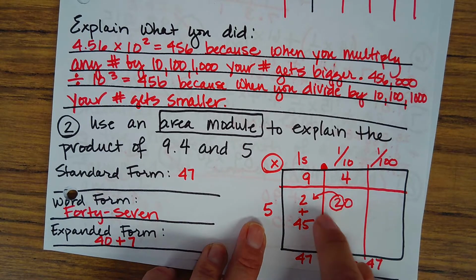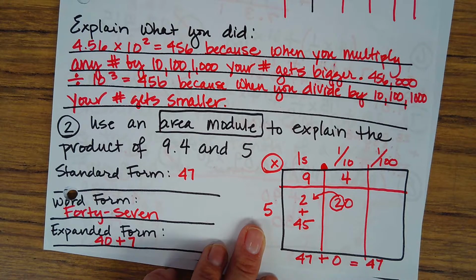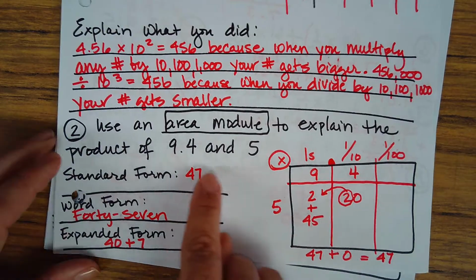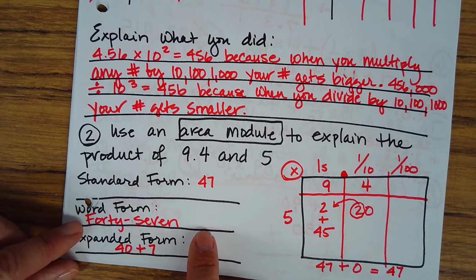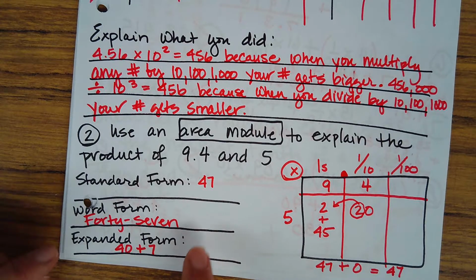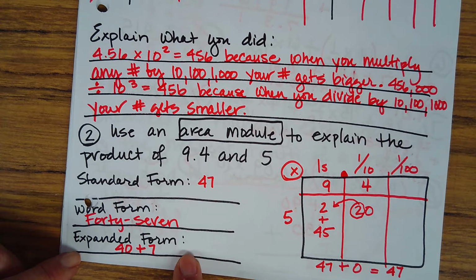Well, I know I can't have two numbers in my place value, so I have to add 2 more over to my 1's place value. So 47 plus 0 is 47. Standard form, it's 47. Word form, 47. Expanded form, 0 plus 7.